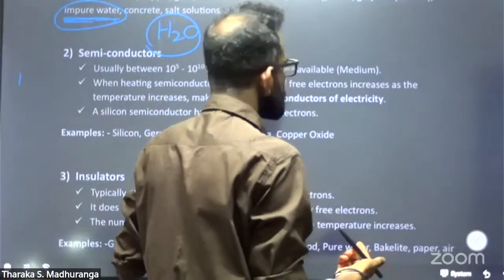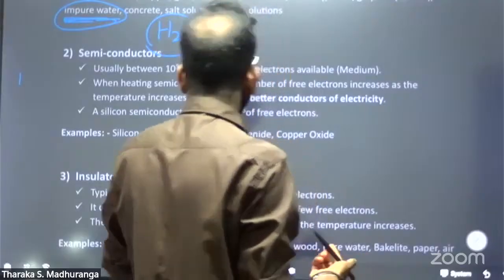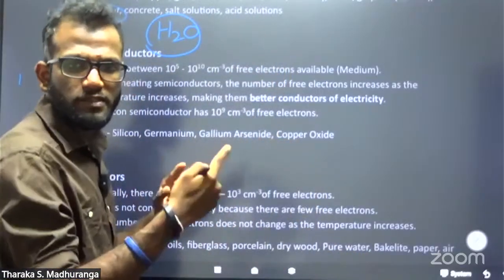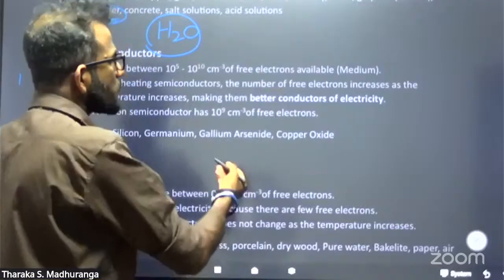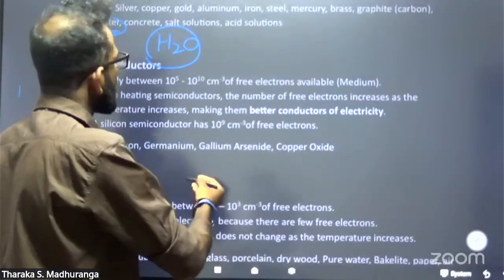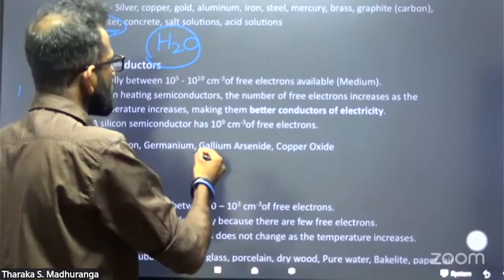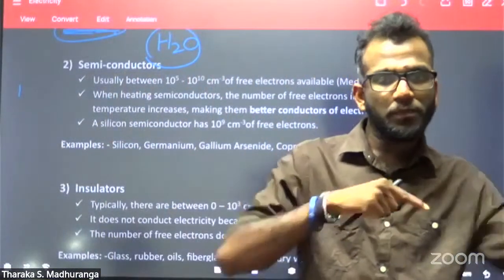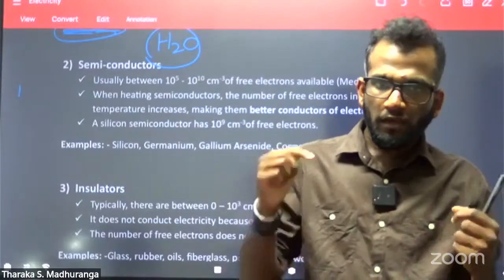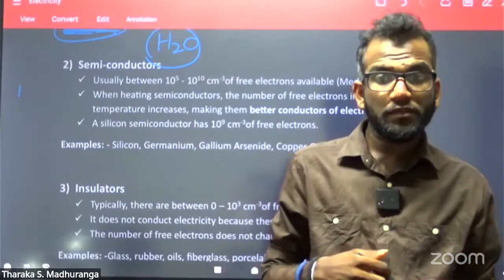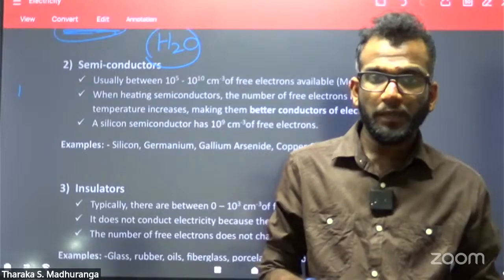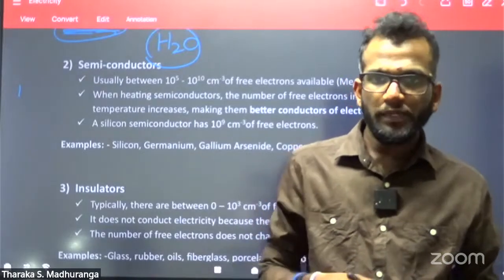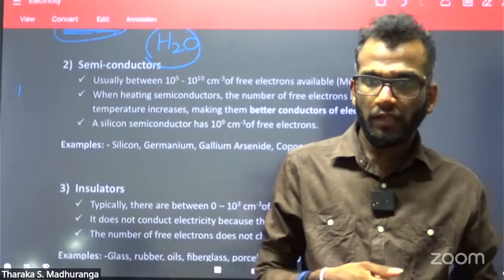The other type is mixed with other molecules. Then it is again two types: P type semiconductors and N type semiconductors. P means the fourth group molecules combined with the third group, like aluminium.